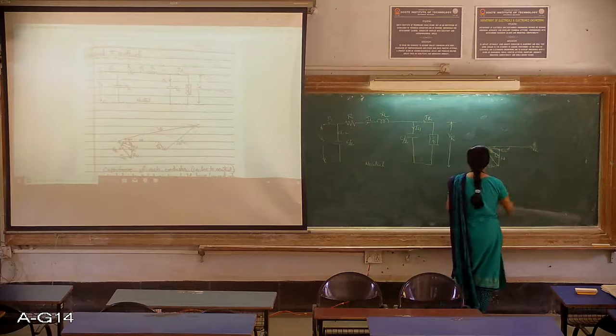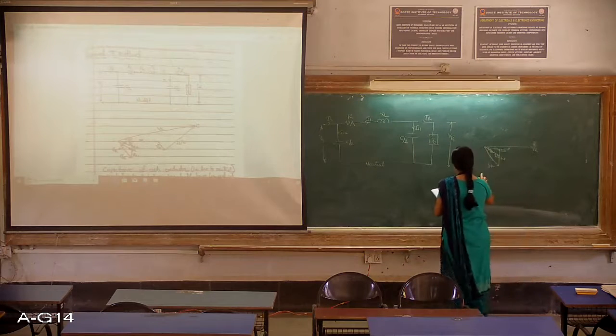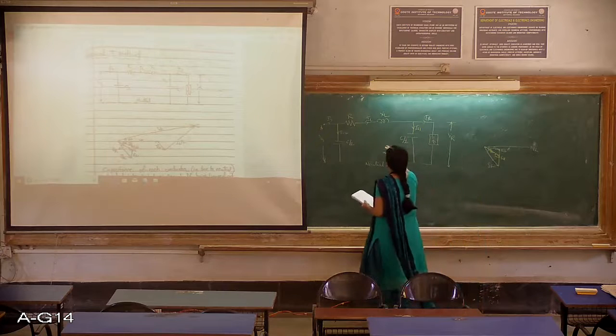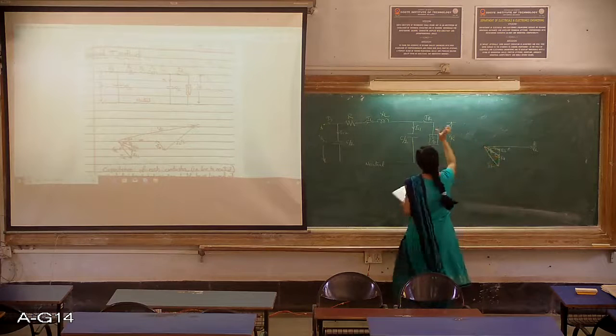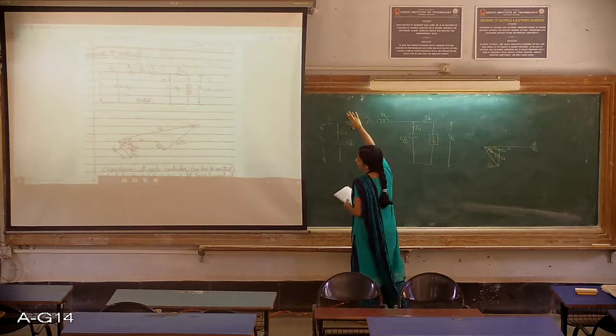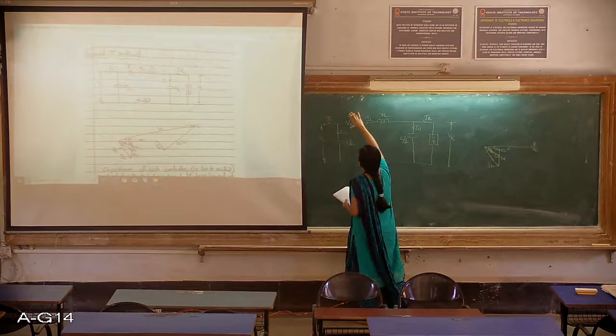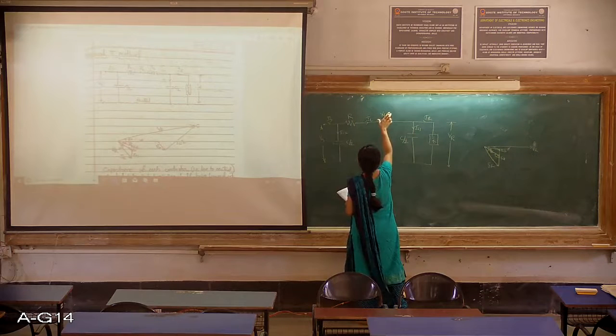Now if you observe, in parallel with IL I have to represent the drop across the resistance, IL into R, and with a 90 degree phase shift I represent the drop IL into XL.